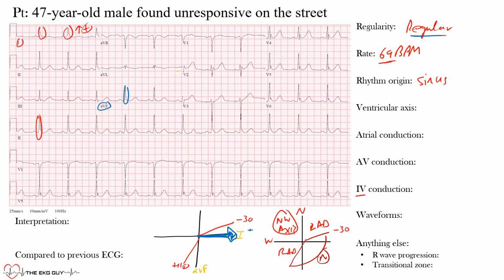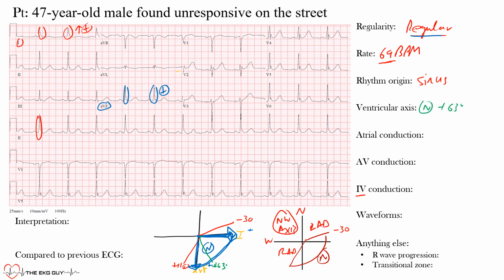Mostly positive QRS complexes will go towards the positive end of AVF. That means our axis lies somewhere between here. So already we can tell that this is going to be a normal axis. In fact, the axis that we have here is positive 63 degrees, which means the axis is about here. So it was actually normal, positive 63 degrees.